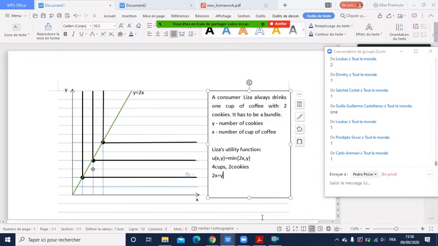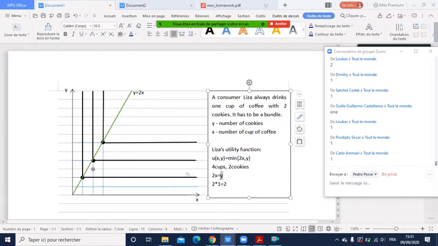Well, I was saying that I need 1 cup of coffee and 2 cookies. So 1 cup of coffee, 2 times 1 equals 2 cookies. This might not make sense economically, but it makes perfect sense mathematically. Because I'm saying the first bundle has to work like that.